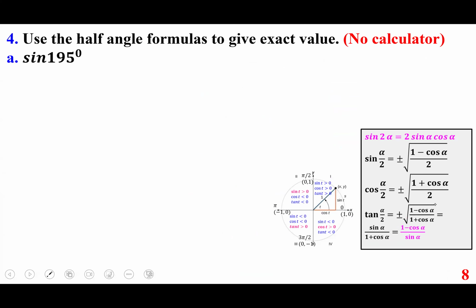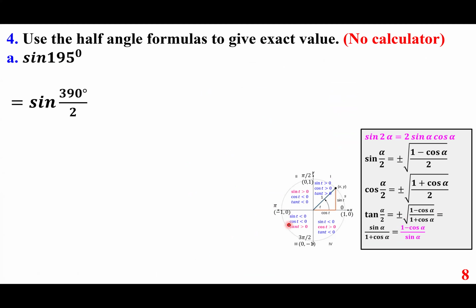Now, use the half angle formula to give exact values. Sine of 195 degrees. As you know, 195 degrees is half of 390 degrees. Now, 195 degrees is a little bit more than 180 degrees.